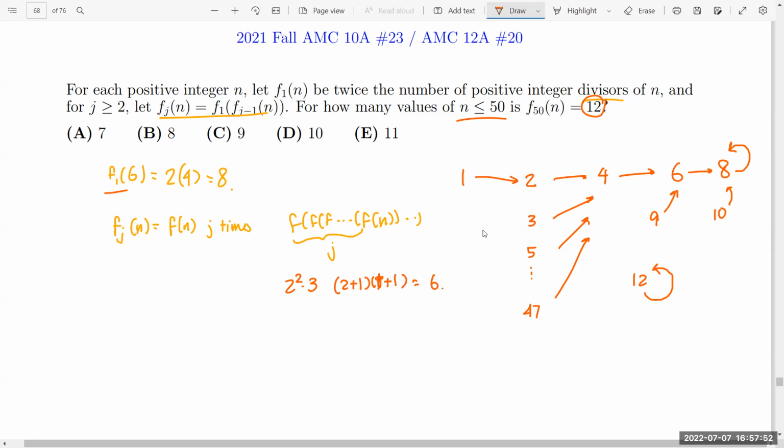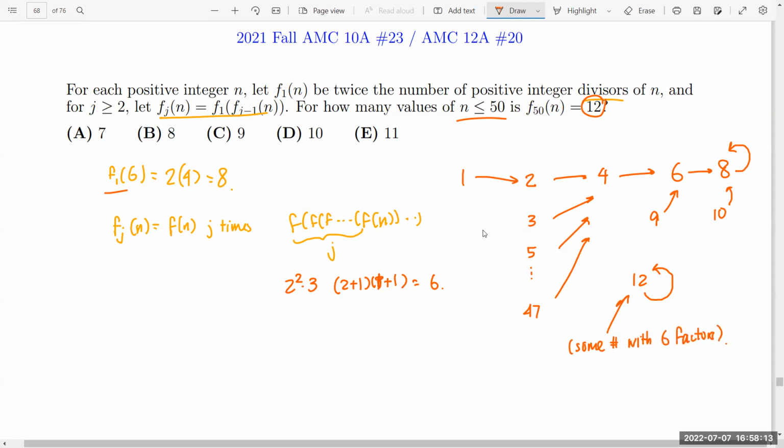And what does it mean for something to eventually get to 12 after a bunch of applications of f? Well, then it has to reach some number with 6 factors.